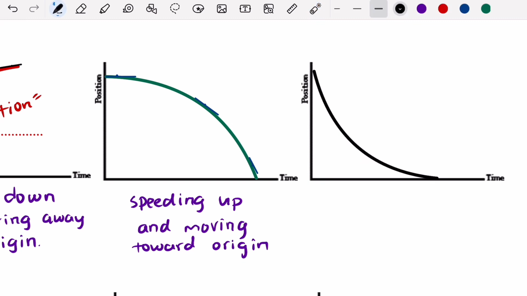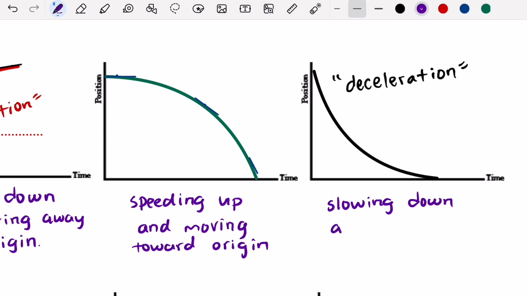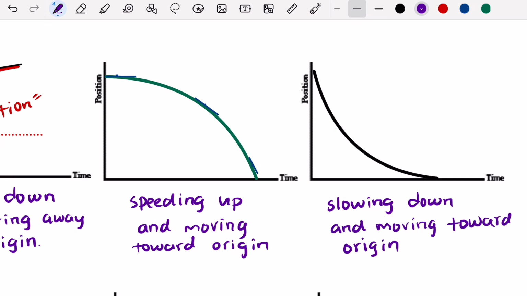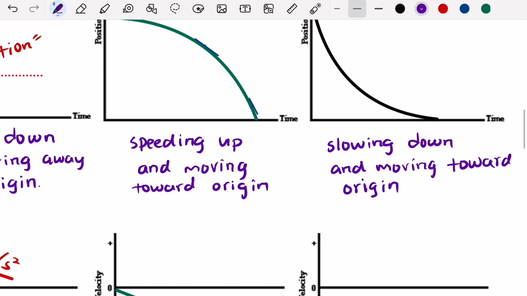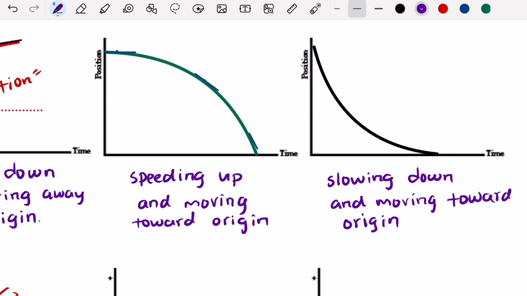That means the object is slowing down and moving toward the origin. So slowing down negatively. Because the object is slowing down, the slope has to decrease. That means the velocity has to decrease, and it has to decrease negatively.